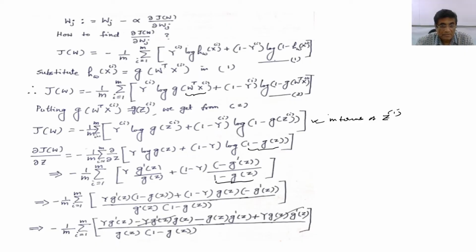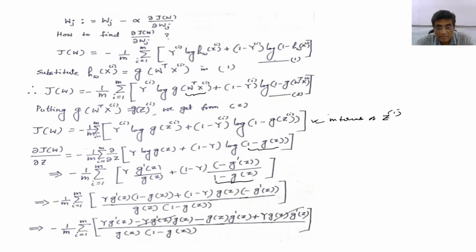Now just taking common, this remains y g prime z minus y g prime z g(z), then minus g(z) g prime z minus minus plus y g(z) g prime z.